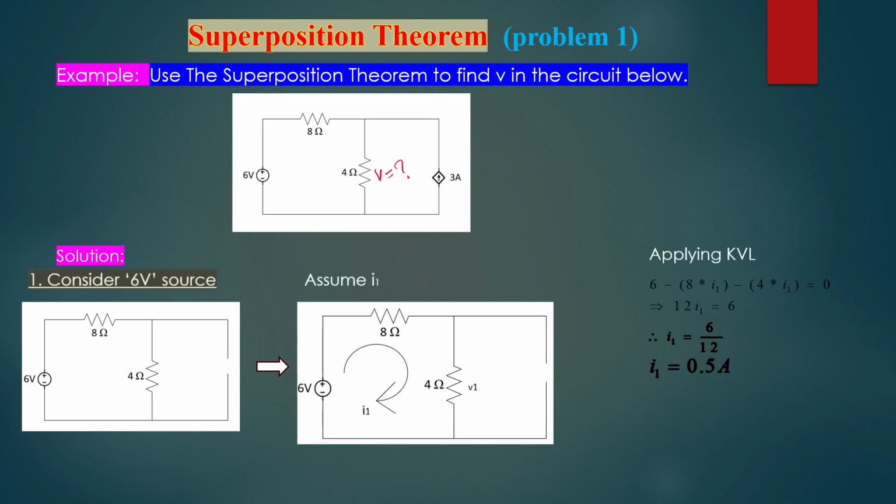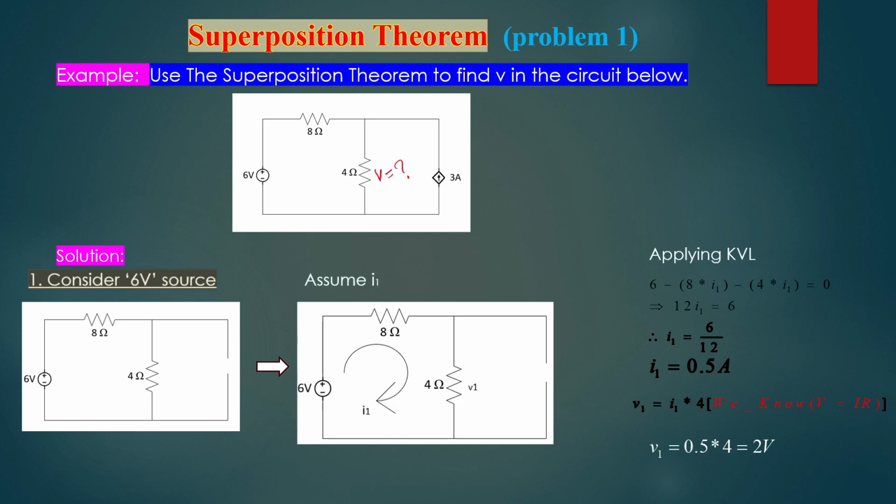Now V1: we know V is equal to IR, Ohm's law. We are calculating V1 across the 4 ohm resistor, so V1 is equal to I1 into 4. We have already calculated I1 as 0.5, so V1 is equal to 0.5 into 4, which is 2 volt.